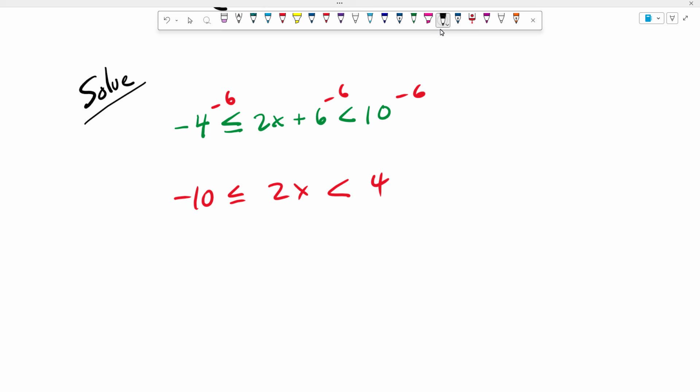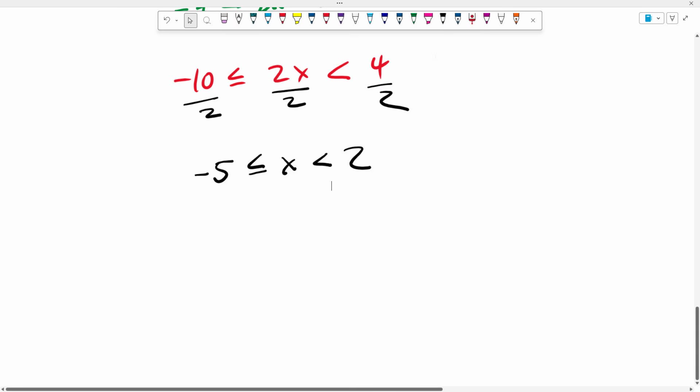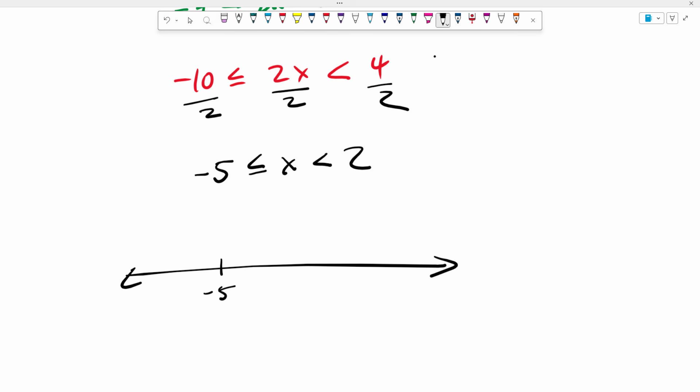Then we use the multiplication property of inequalities, or division: divide by 2, divide by 2, divide by 2. So this one, x is less than 2.